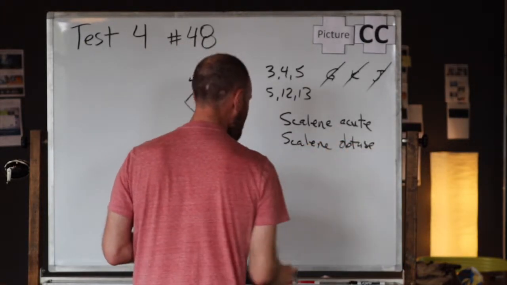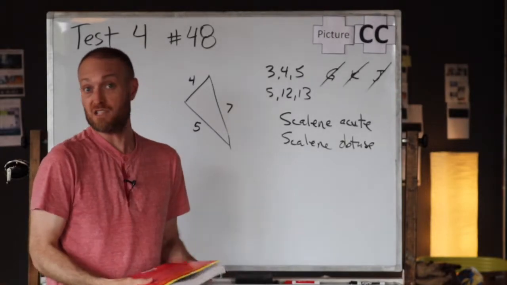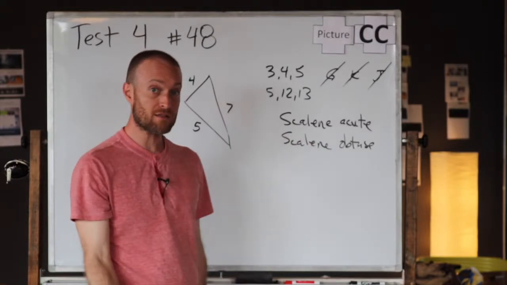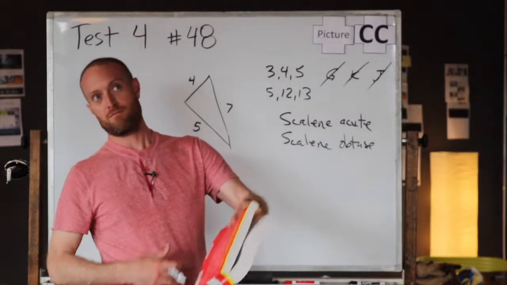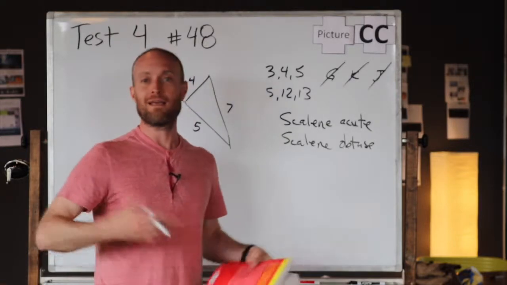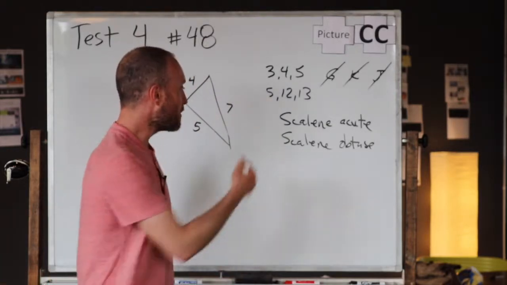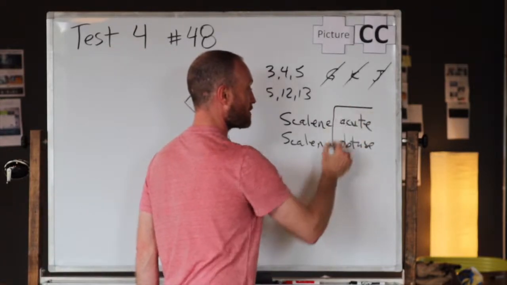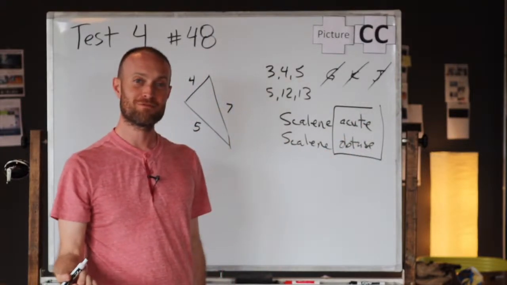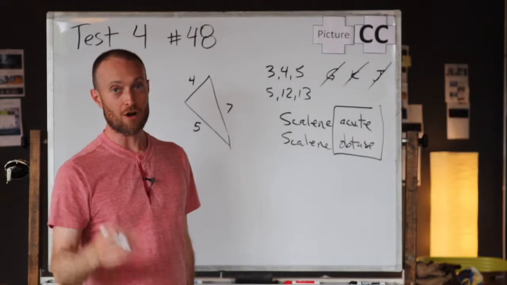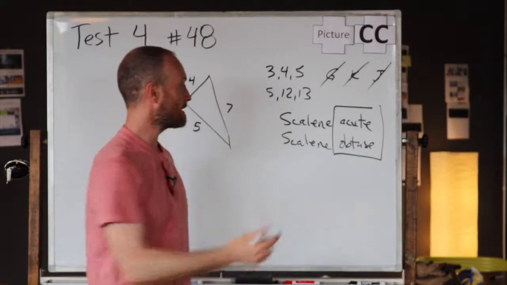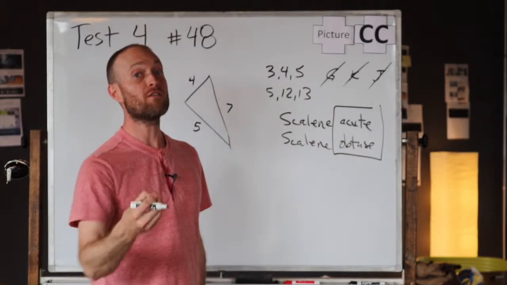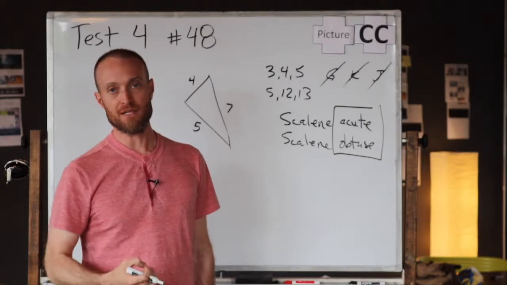Now, this is testing your ability to remember all of these classifications. What does scalene mean? Scalene means all the side lengths are different. You could have done this question differently and asked what scalene means to start. How you enter the problem is up to you, really. But we know that it's scalene because all 3 of these are different. So now all we're determining is whether it is acute, which means all 3 angles are less than 90 degrees, or obtuse, which means one of the 3 angles is greater than 90 degrees.